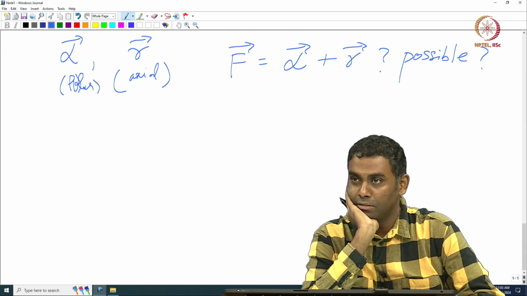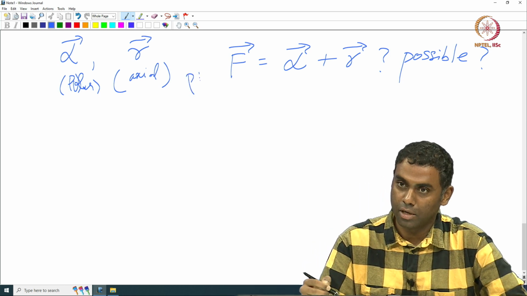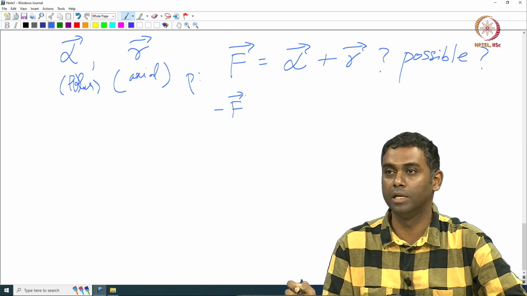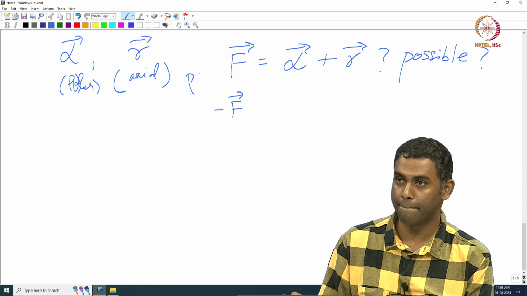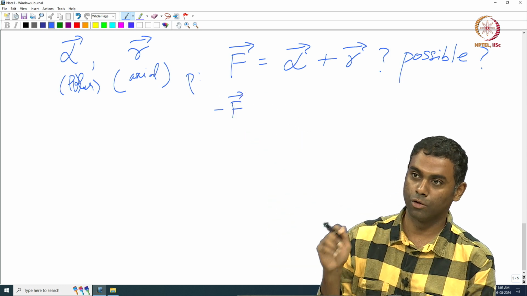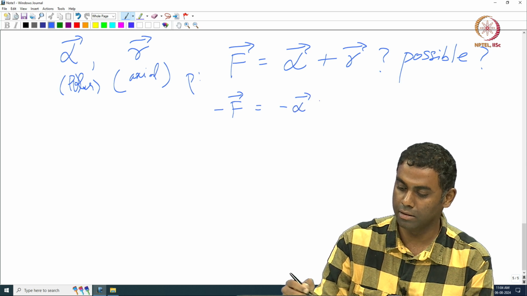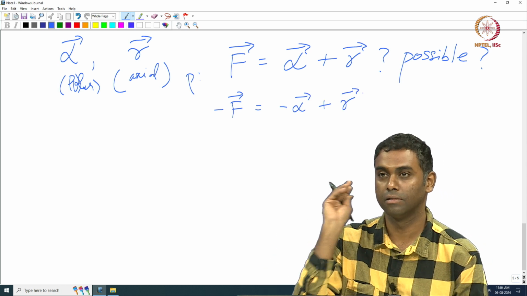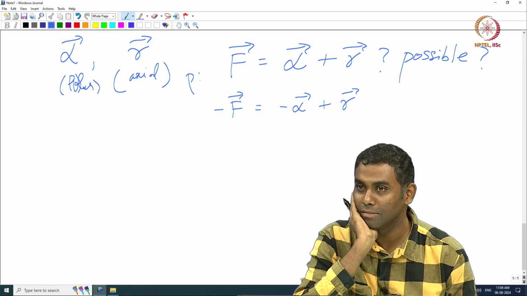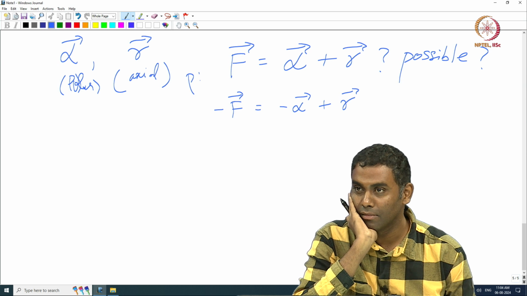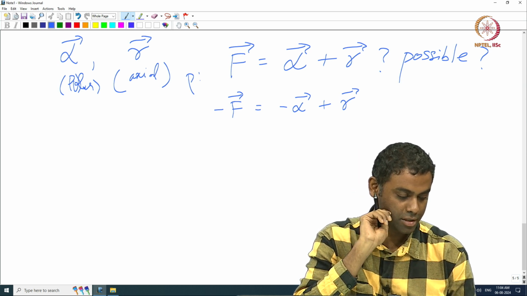So, let us apply parity to this. On the left hand side I know that force, whatever it is, is a polar vector. So, it has flipped sign. Force is proportional to acceleration, so it has to flip sign. Alpha has flipped sign, but gamma has not flipped sign. So, what has happened? Is this even possible? Is it legitimate?